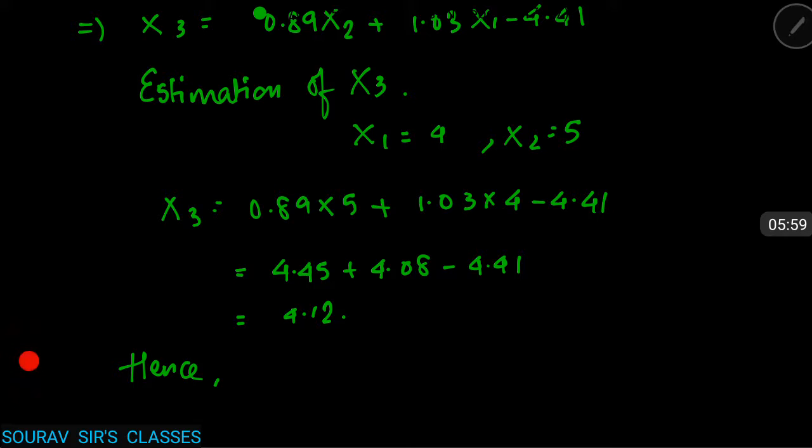Hence, x3 is equal to 4.12 when x1 is equal to 4 and x2 is equal to 5. This is our required estimation of x3. Hence, this brings us to the end of regression and correlation.